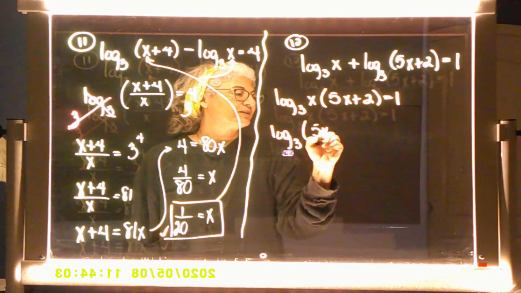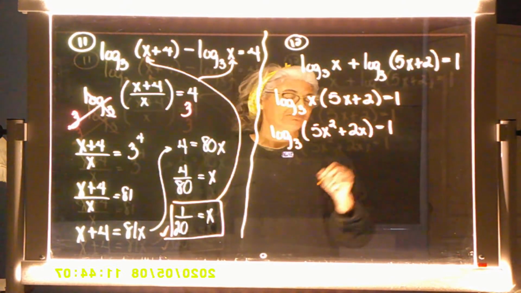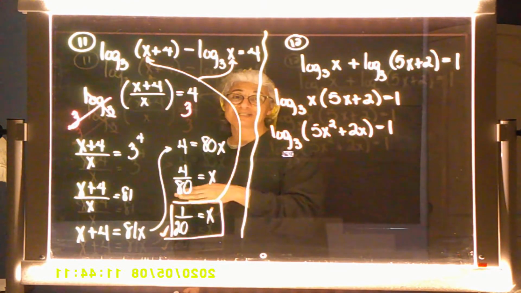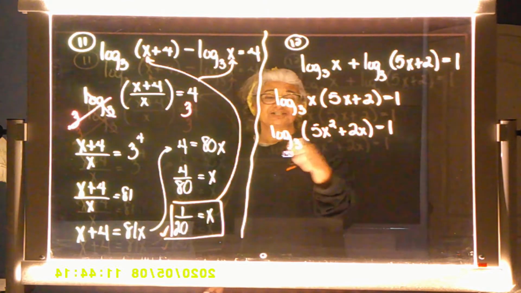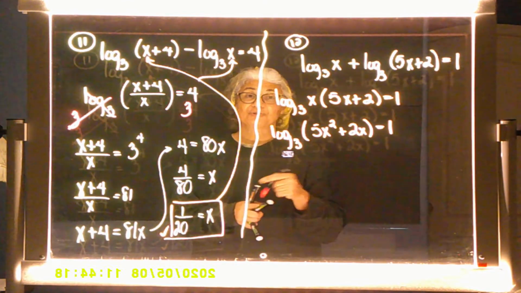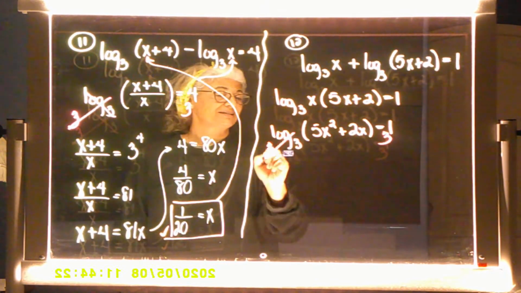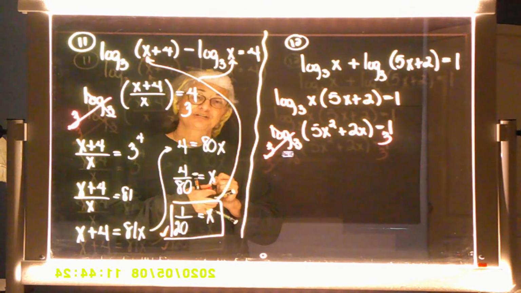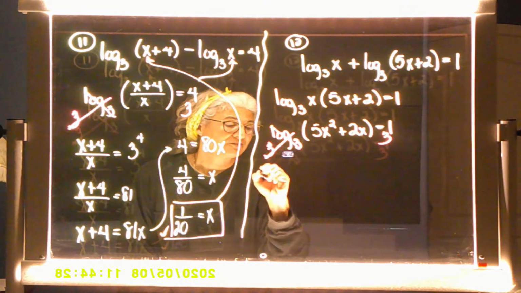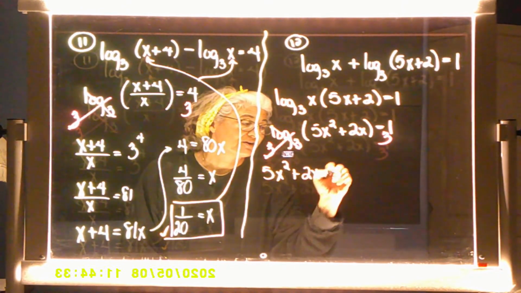So I have 5x squared plus 2x, right, after you distribute. And yeah, just like number 11, just like numbers 10 and 9, I don't want this log base 3 here. So I am going to take the exponential base 3 of both sides to cancel this. Agreed? Okay, so we have 5x squared plus 2x equals 3 to the power of 1.